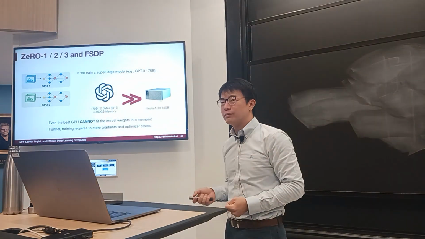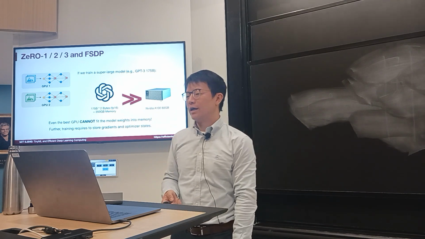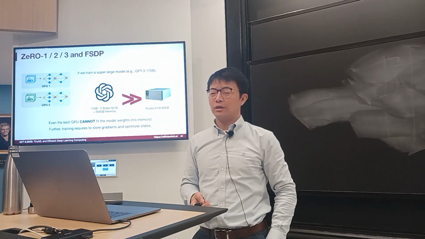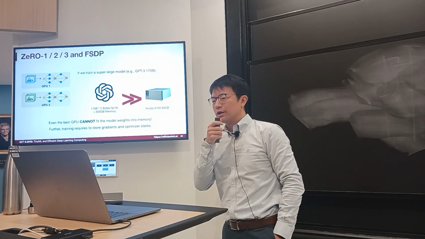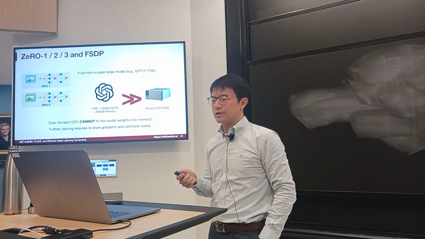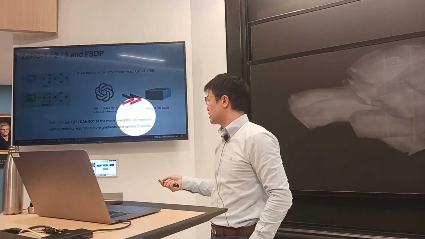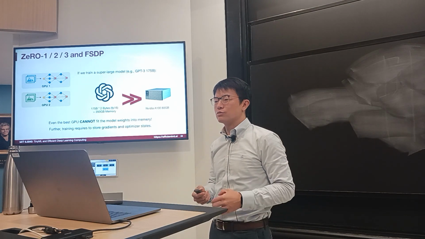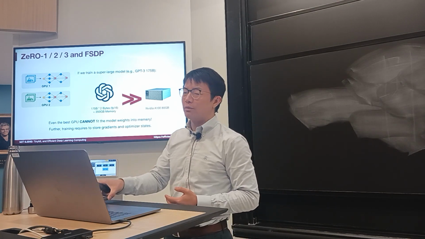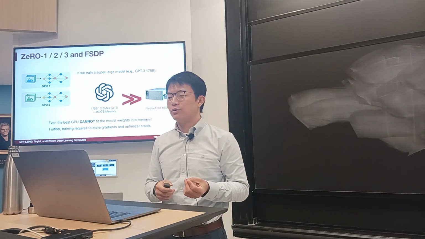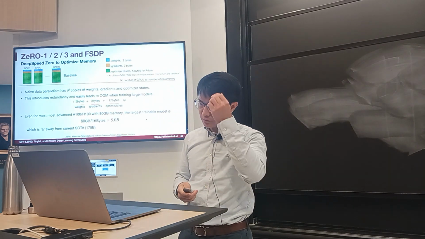Well, an A100 GPU or H100 GPU has 80 gigabytes of memory. H200 is getting larger, but still less than 200. Right? So even the best GPU cannot fit the model weights into memory. So how do we solve that problem, using limited GPU memory to train a big model?